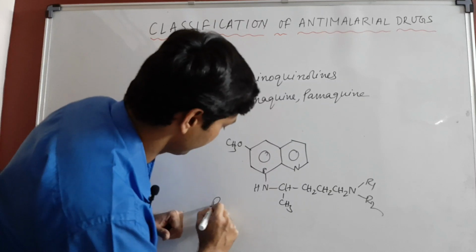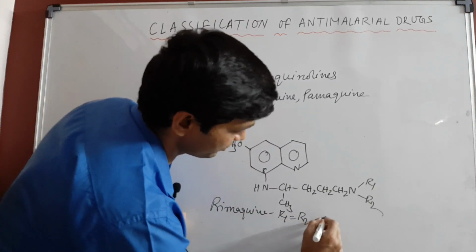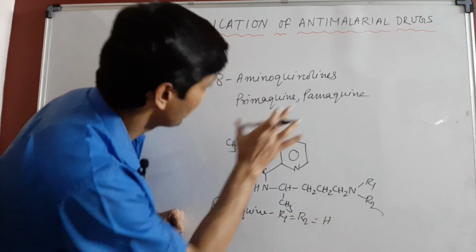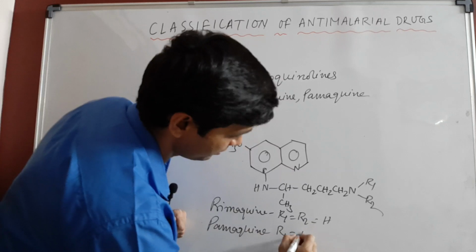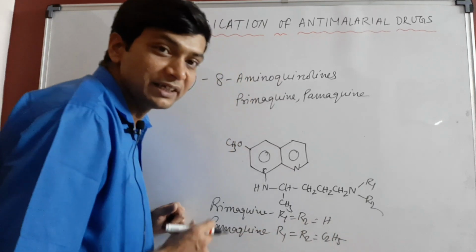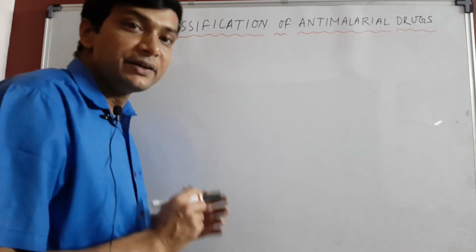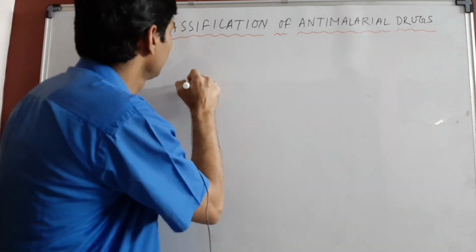For primaquine, R1 and R2 are hydrogen, and for pamaquine, R1 and R2 are ethyl groups.